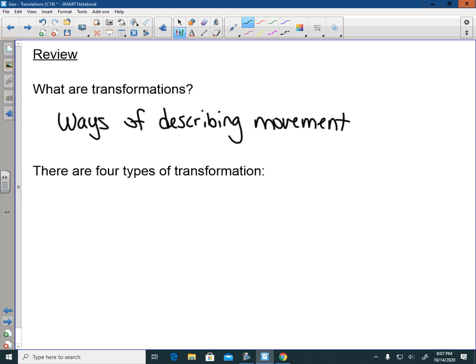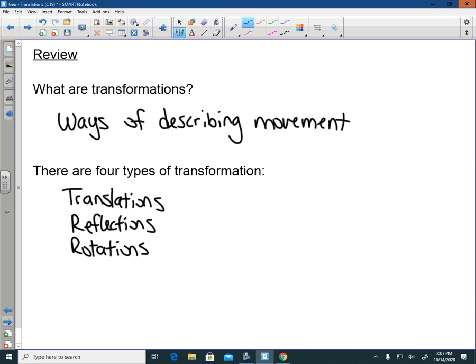Geometers of the past have broken it down into four specific types of transformation. You have translations, you have reflections, you have rotations, and you have dilations. And these by themselves, or a combination of them, describe all types of movement.